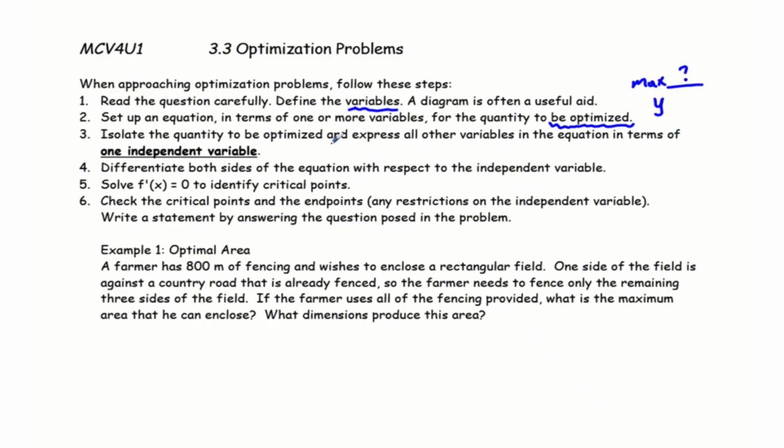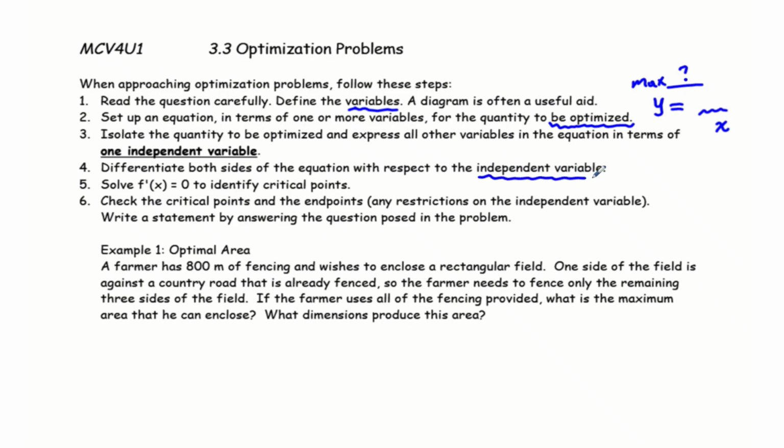Isolate the quantity to be optimized. So isolate y, then the other side is x. So we have the equation this way, then we can find dy/dx, the derivative, which is necessary for us to find the maximum or minimum. Then we differentiate both sides of the equation with respect to the independent variable.